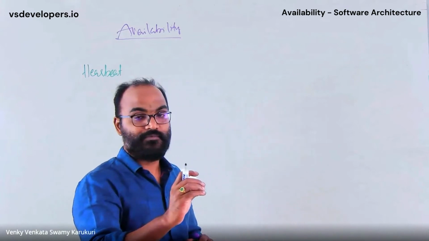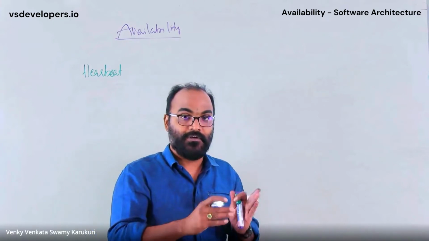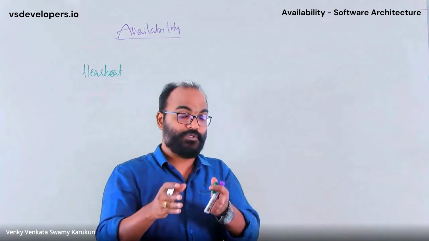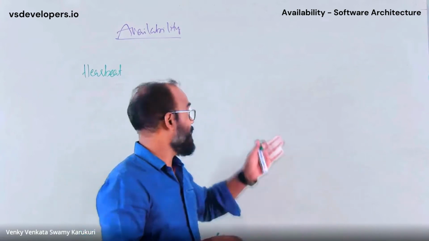If you notice something abnormal, then you would report the same. What you do when you report it is a corrective action. We are only talking about detection of a fault, whether the fault is going to happen or not. So heartbeat is one of the mechanisms you would implement to check the health of the service.